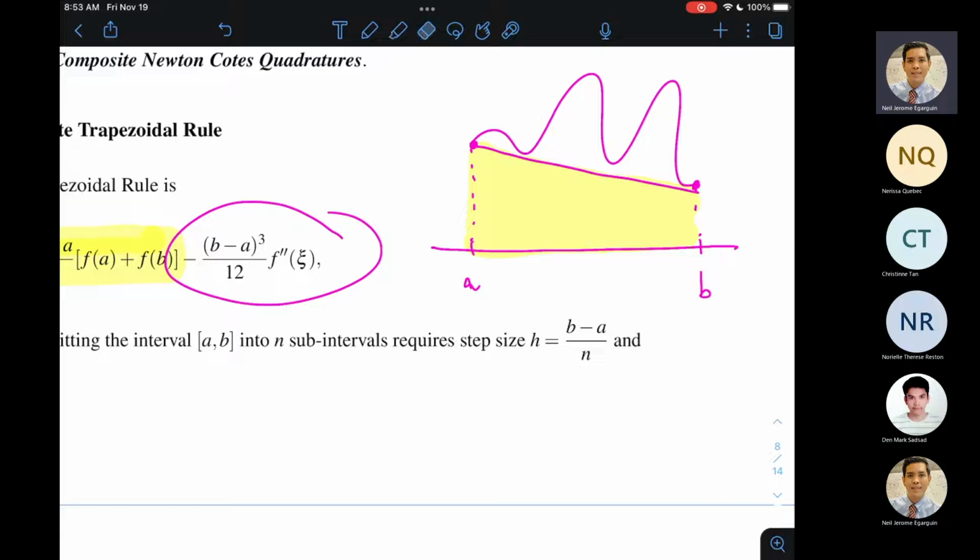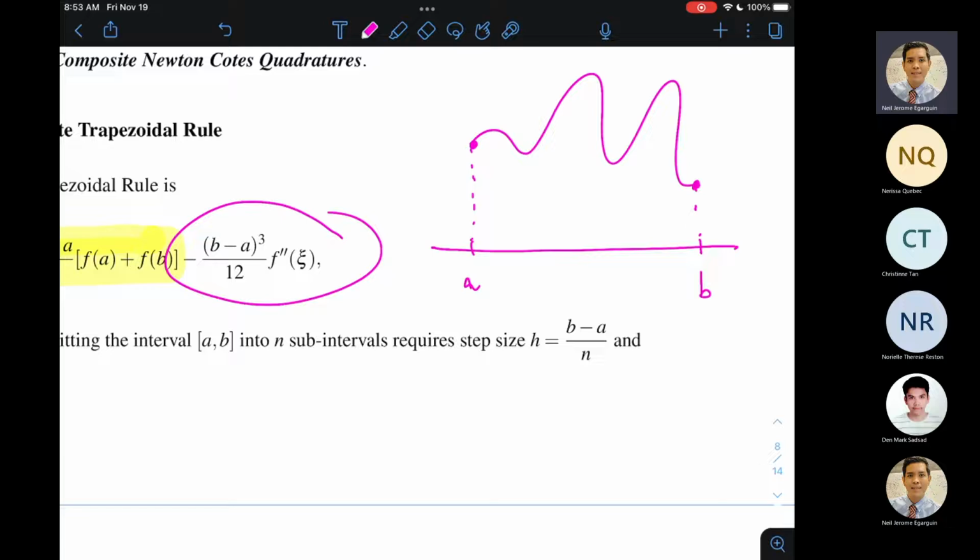Now, if I will use the composite trapezoidal rule, what I'll do is to introduce some more subdivision points for the interval AB, and for the sake of brevity or simplicity of derivation, let's just assume that we are using equally spaced subintervals.